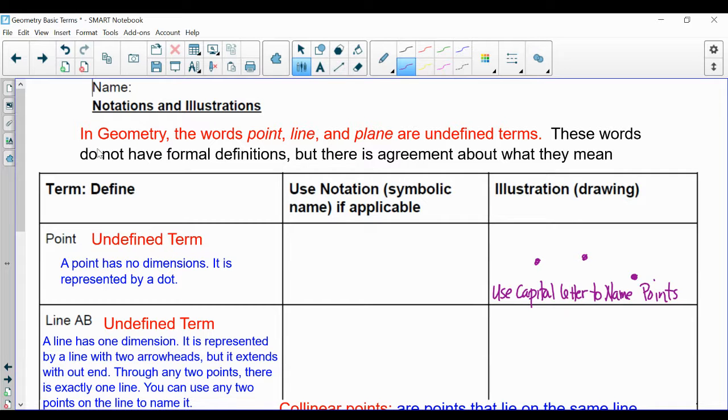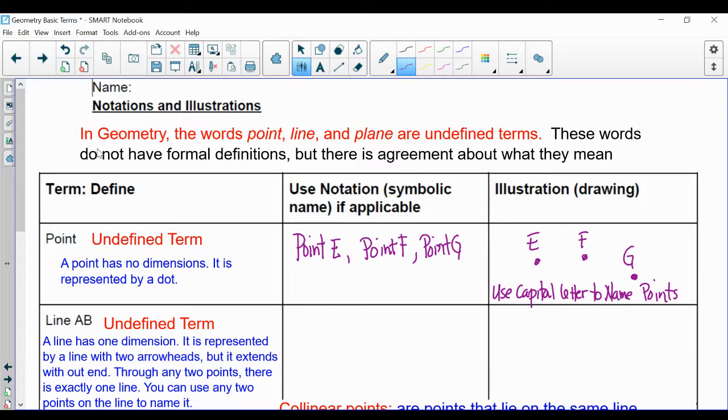So I'm going to call these E, F, and G. Now if I'm going to use symbolic notation, this one's pretty easy. We just write the word out: point E, point F, and point G. That's how I named those points.